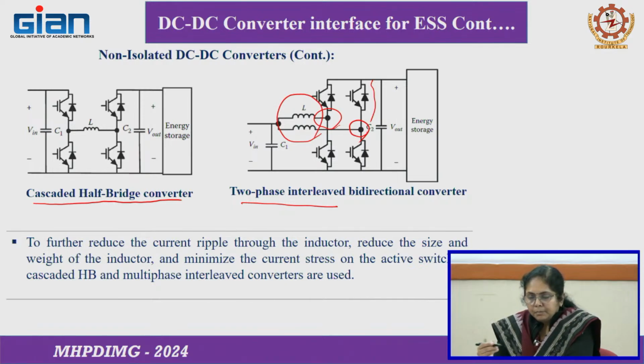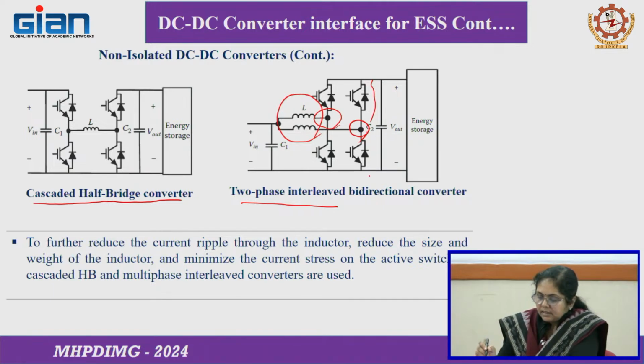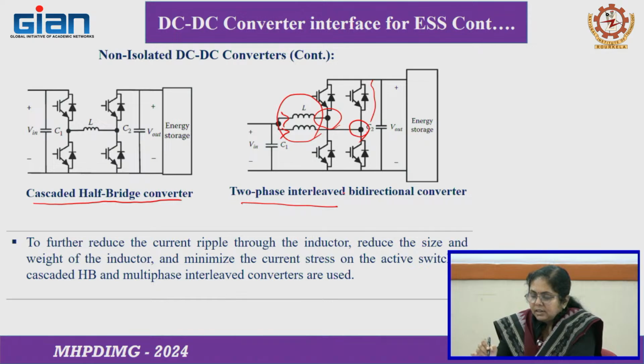So the control and operation complexity increase, but the advantage is that it minimizes the inductor current ripple, and as you are dividing the current in the interleaved topology, the size of the inductor also decreases. So we can have a better modular structure. Based on different applications, we can go for the interleaved topology or the cascaded H bridge topology.